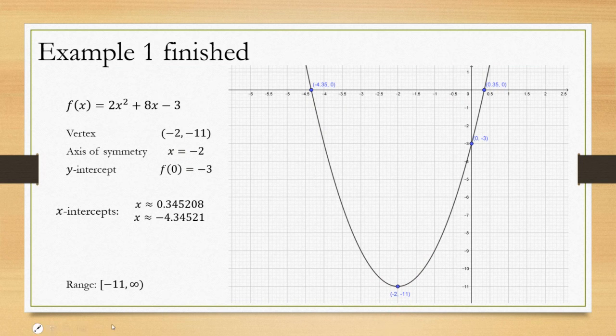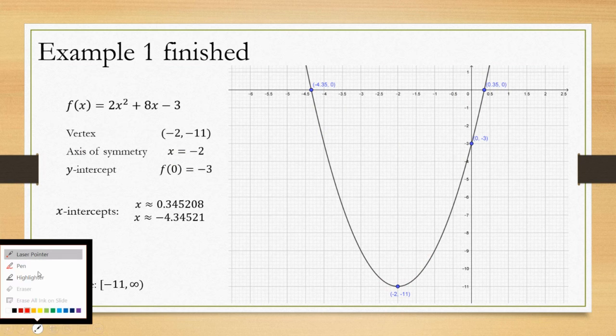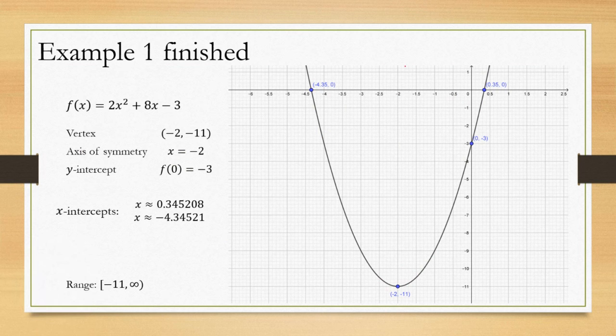And you can see that the range, actually, let me see if I can draw the axis of symmetry. I might be able to. So I'm going to draw it as a dashed line somewhat. I know this is GeoGebra I use to graph it, and you can graph vertical lines in there.